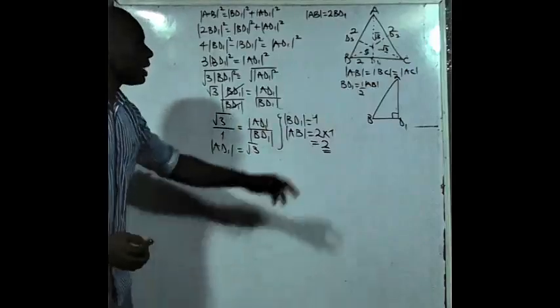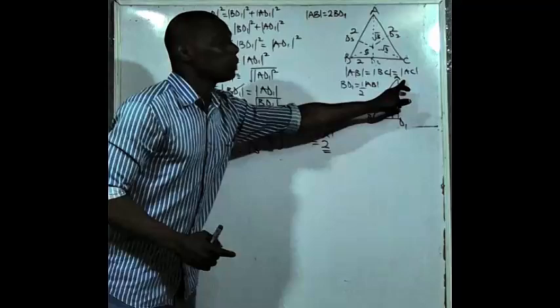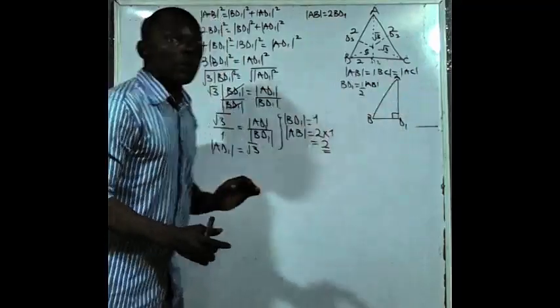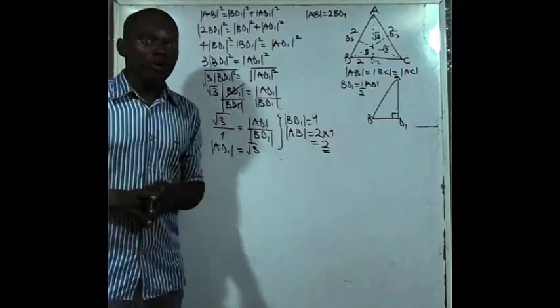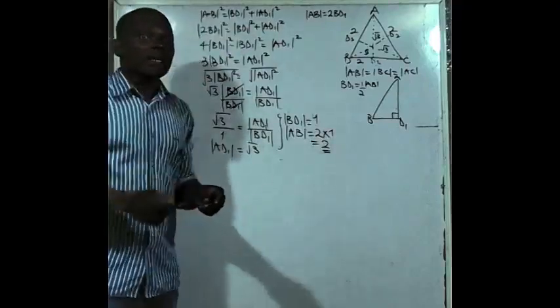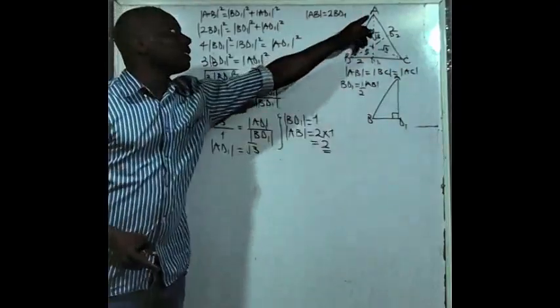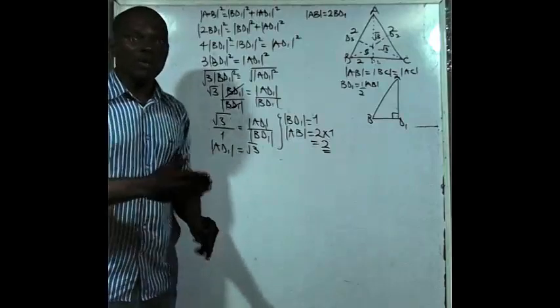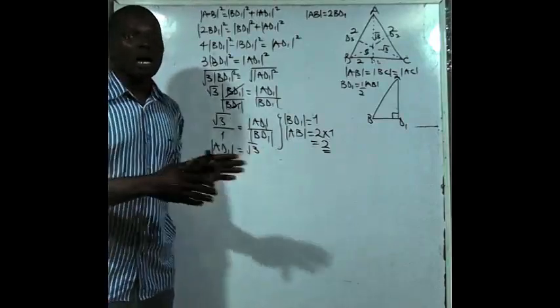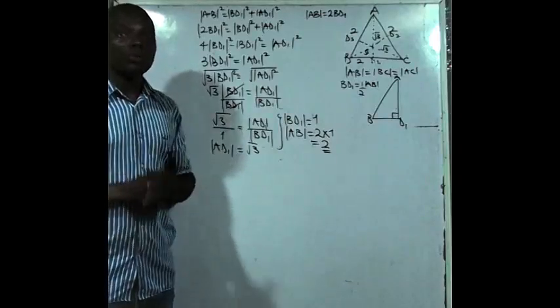Clearly now, since the line AB is the same as the line BC, which is equal to the line AC, we have been able to show that given an equilateral triangle, all the sides are equal to 2 units, but the altitude, that is the line that crosses from each vertex to hit the middle of the opposite line, is equivalent to root 3.